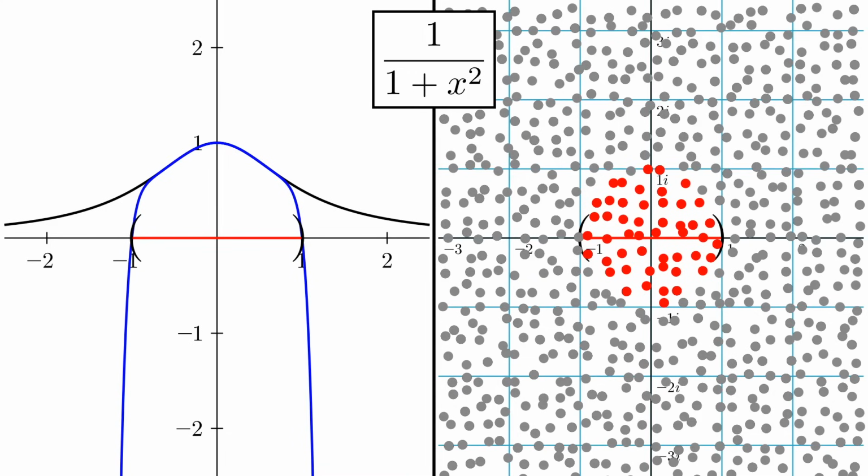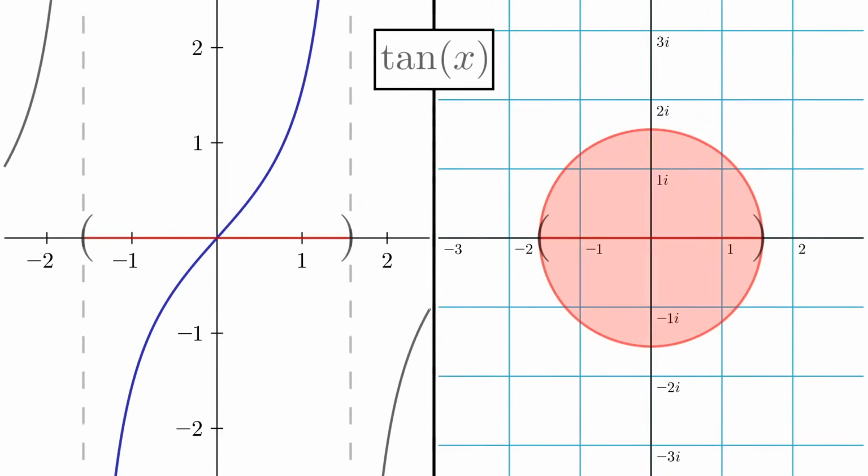Why is this happening, even though we see our function has this nice smooth graph? Well, if we broaden our view here and think in the complex plane instead of the real line, we can see that tangent of x has asymptotes here and here.